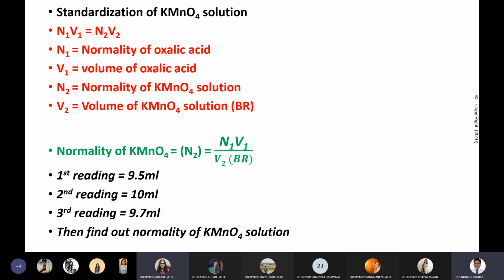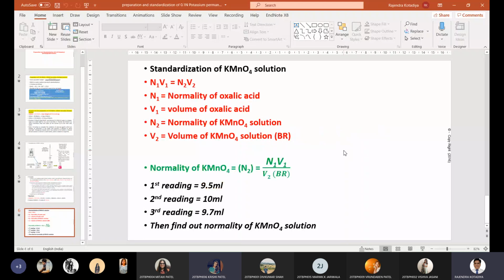Sir, for the first reading, it will be 0.11. Okay. Sir, for the second reading, 0.1 only. 0.1, fine then. For the third it is 0.103.